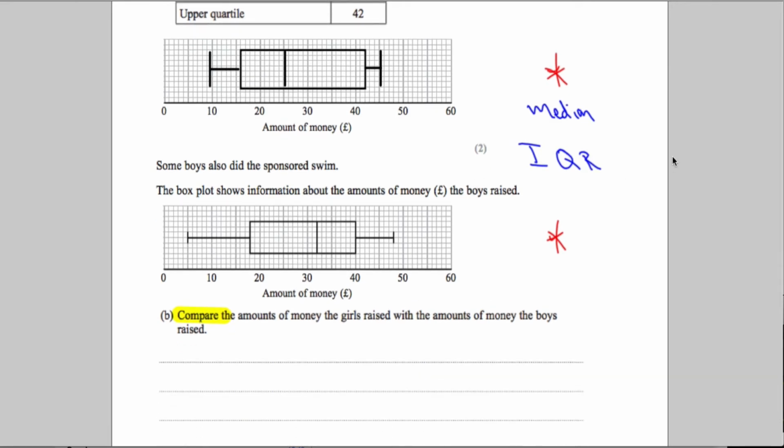What can we say? Well, let's start with the medians. I can see that the boys' median is bigger than the girls. So what I can say is, on average, the boys raised more money.